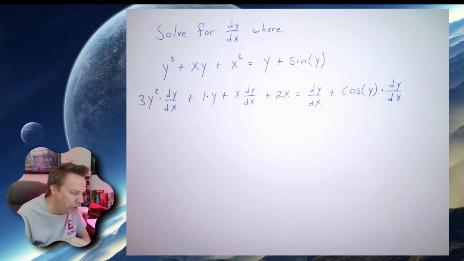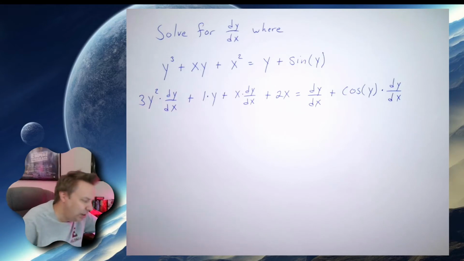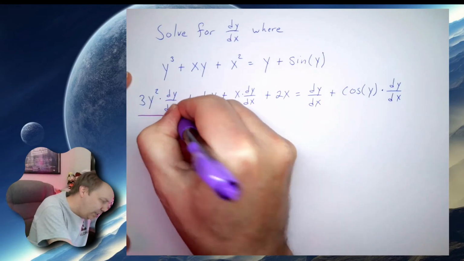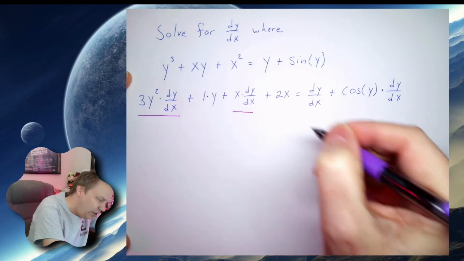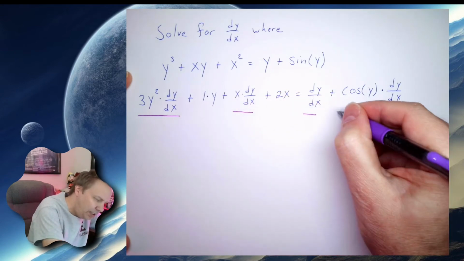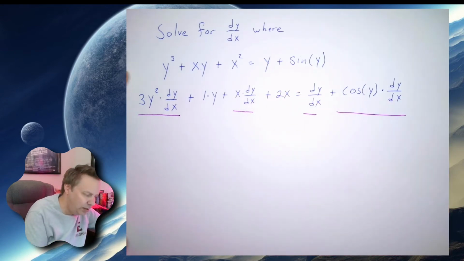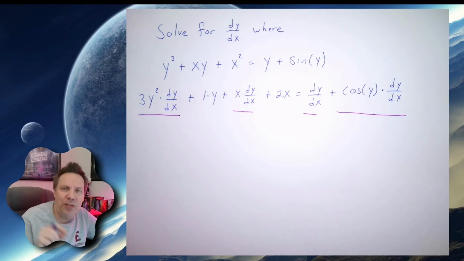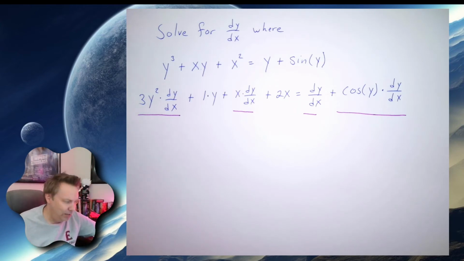So the goal of this question was to solve for dy/dx. I have a dy/dx in this term, this piece, and this piece. I want to bring all of those terms to the left-hand side.